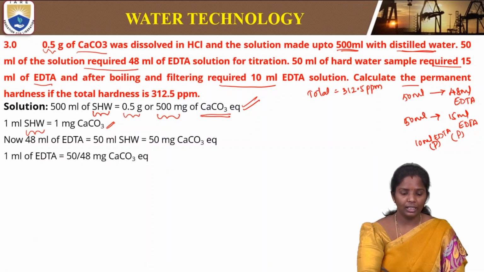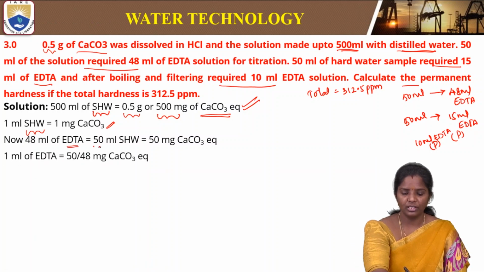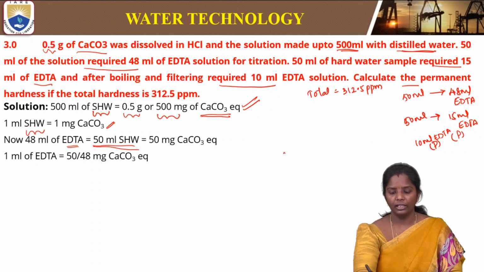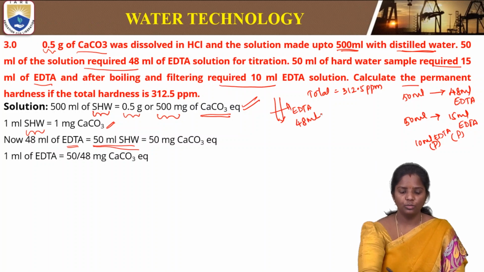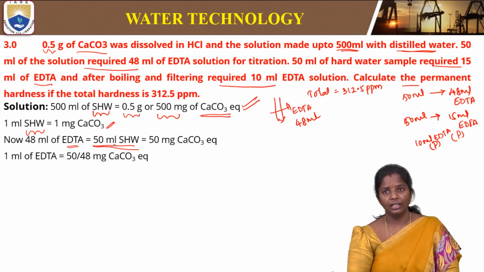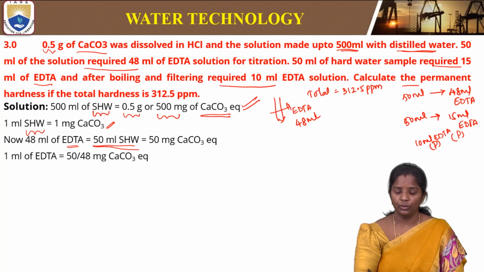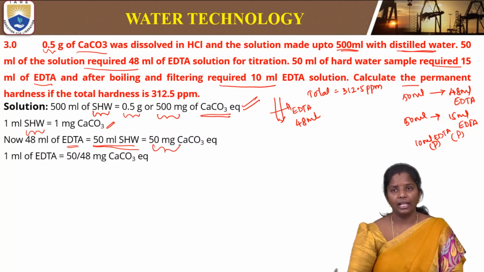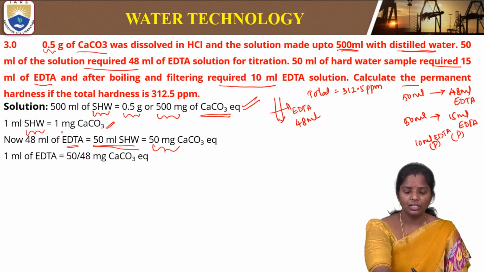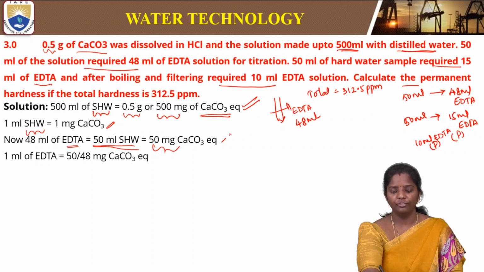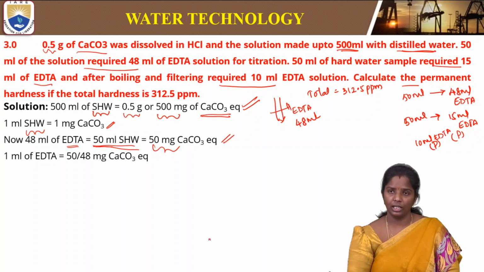So the titer value of EDTA consumed is 48 ml. 48 ml is consumed for 50 ml of standard hard water, which equals 50 mg of calcium carbonate. How did we get this? Because 1 ml is equal to 1 mg, so 50 ml is equal to 50 mg of calcium carbonate equivalence.